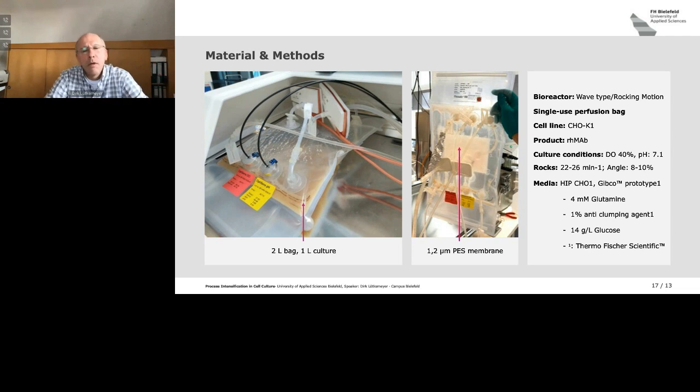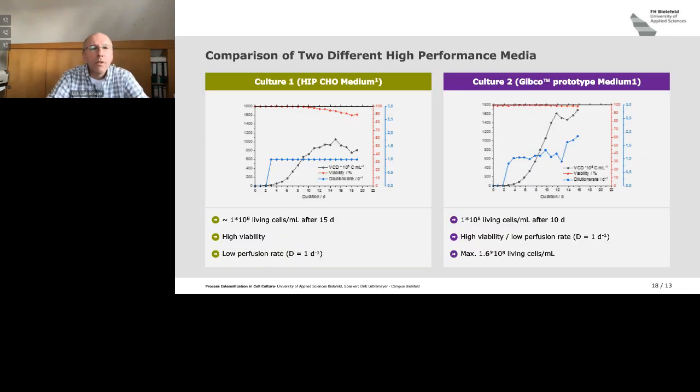Here are the results. If we start with the left picture, here is the growth curve in black dotted line. Until day 9, we saw a nice exponential growth. After that, a more linear growth. And after 15 days, we reached more or less 100 million cells, maintaining a low perfusion rate, and we had a high viability.